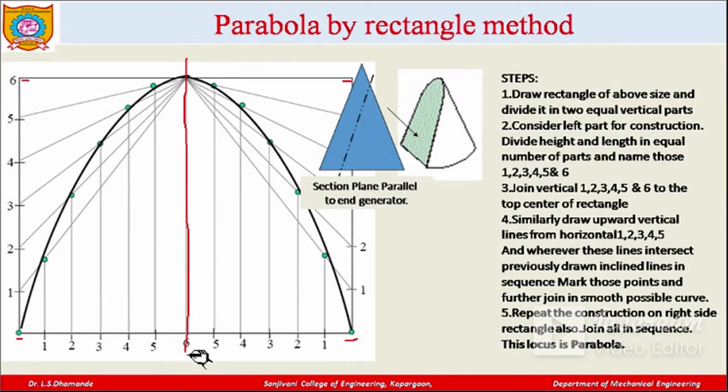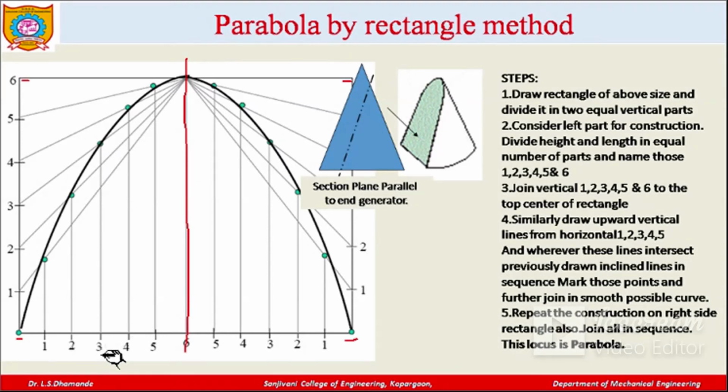Now let us use the left hand side for the construction, because whatever curve is on the left hand side, the same curve will be on the right hand side. So we will initially construct this particular curve. What you have to do is divide this height and this length into an equal number of parts, and name those points 1, 2, 3, 4, 5, 6.